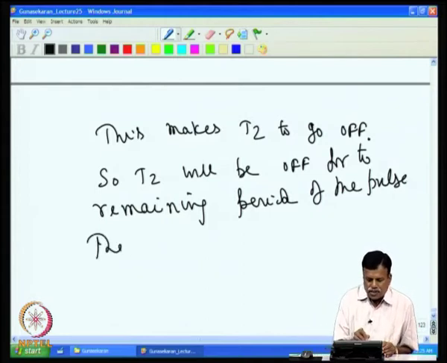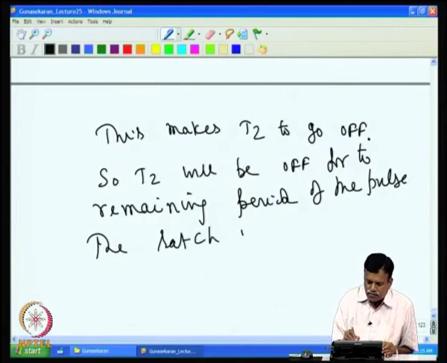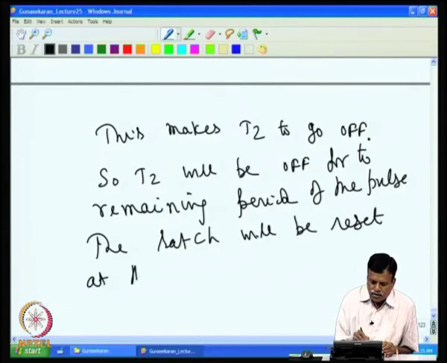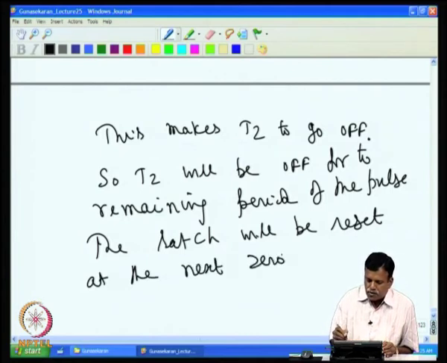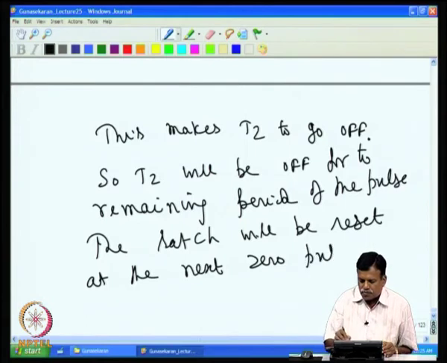The latch will be reset at the next zero pulse input.